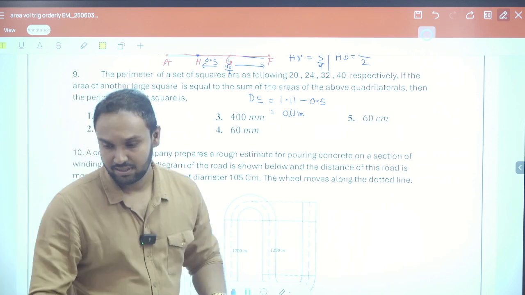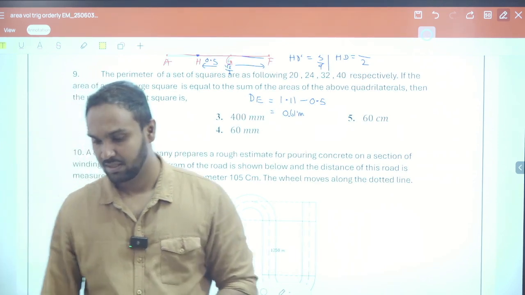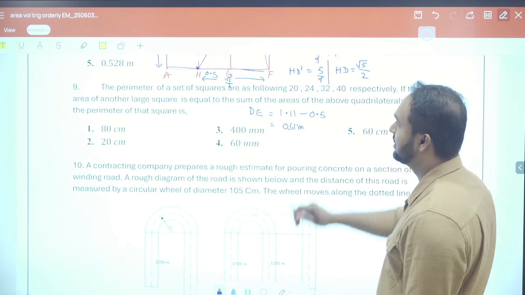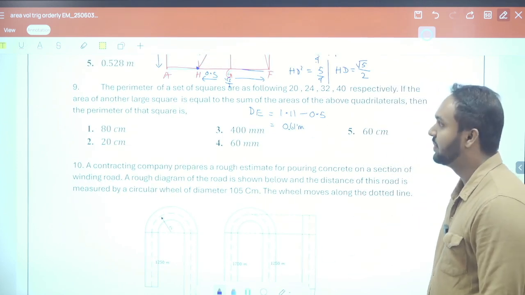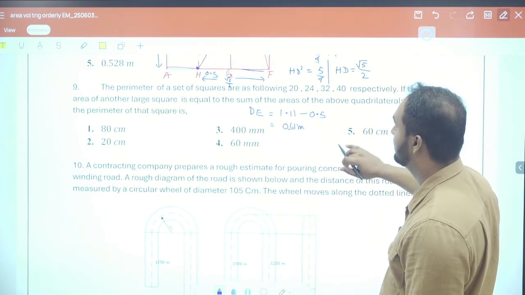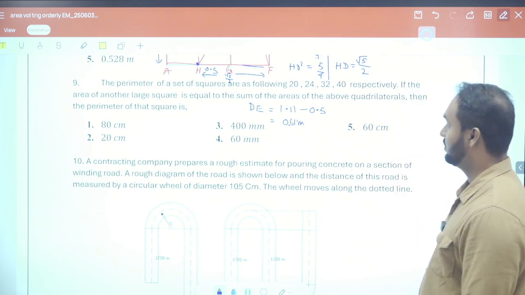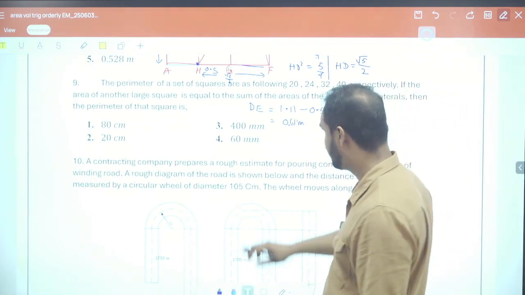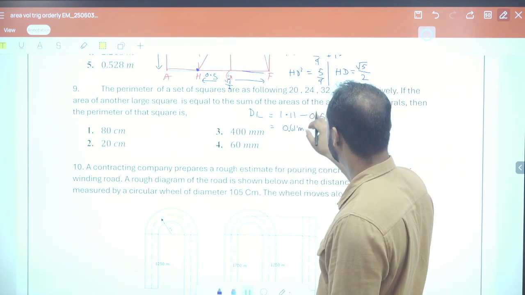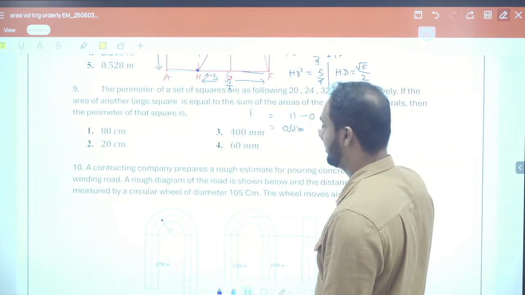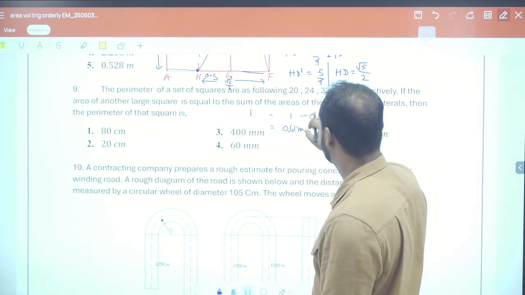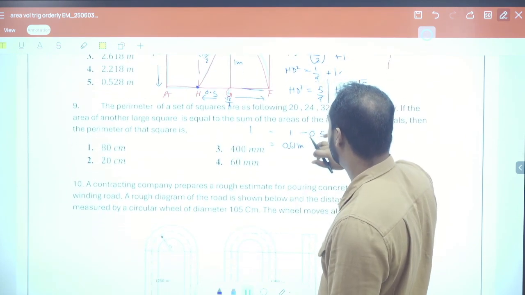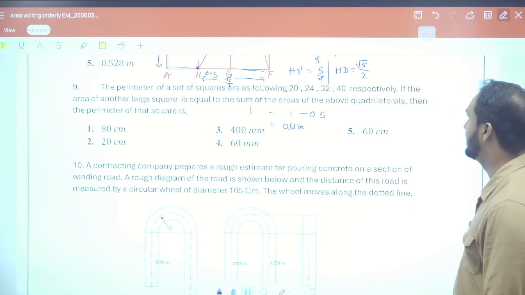Right. Come to the question. Question number 9. The perimeter. Listen. The perimeters of a set of squares are as follows: 20, 24, 32, 40 respectively.